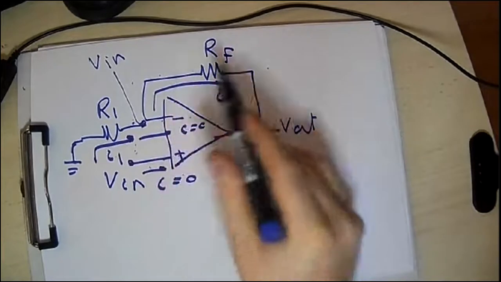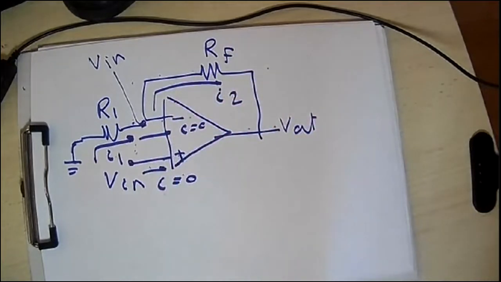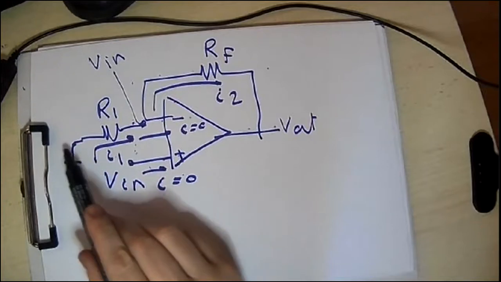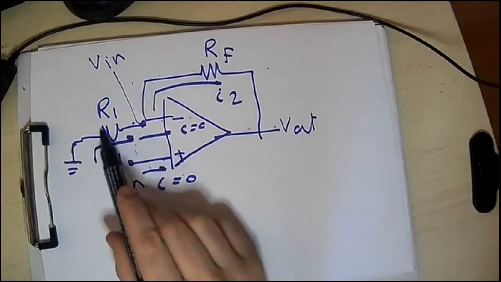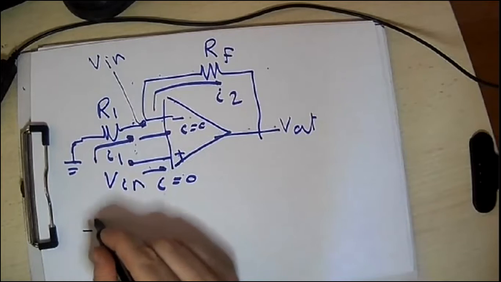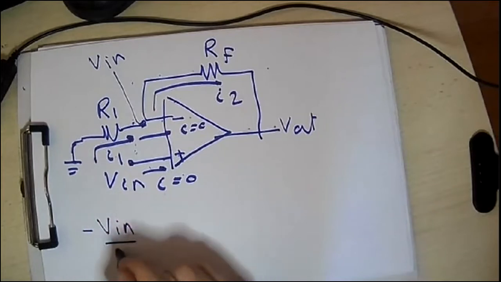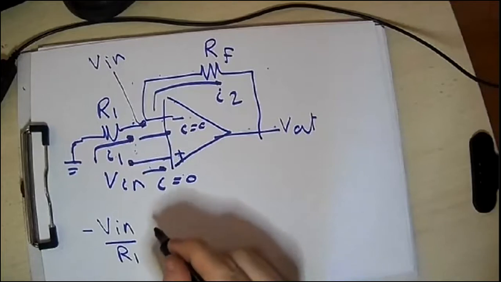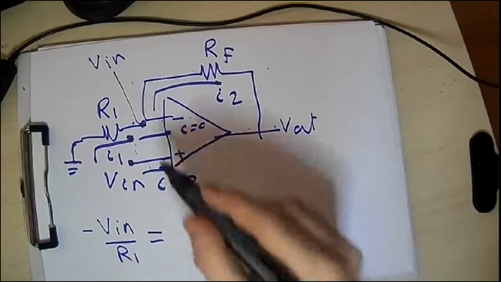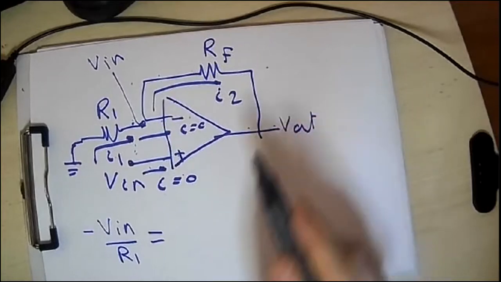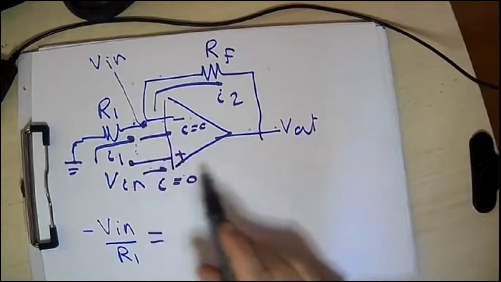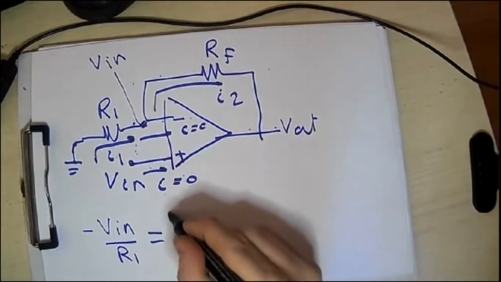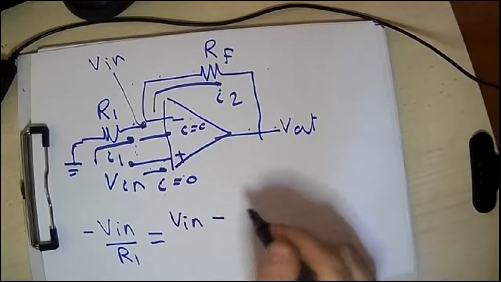So I1 and I2 are equal. Let's write an equation. I1 equals 0 minus Vin over R1. So it's minus Vin over R1 equals the current flowing here, which is Vin minus Vout over R1. Oh, sorry, over RF.